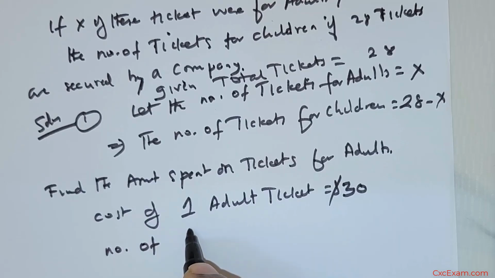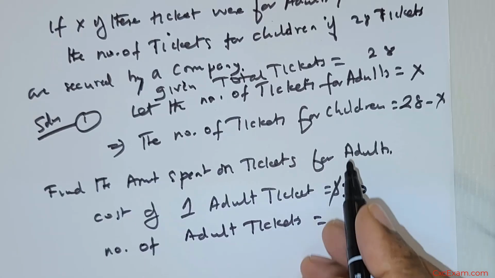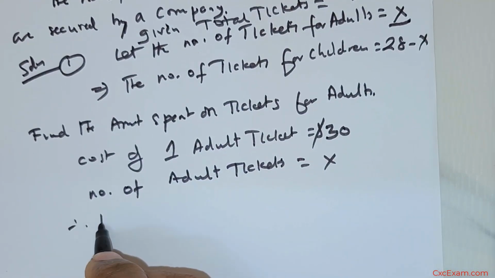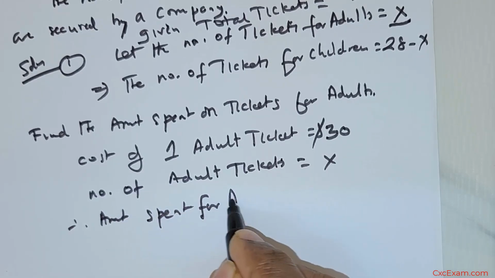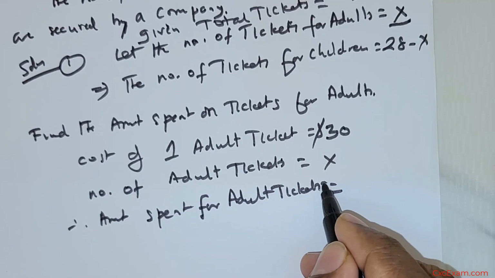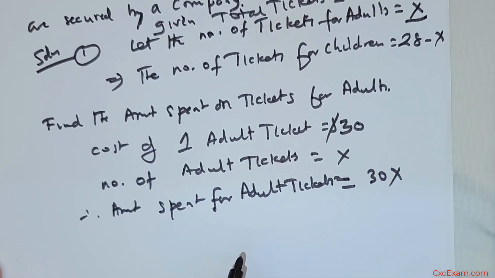So number of adult ticket is what? What they have given you? X. Therefore, amount spent for adult tickets is equal to what? 30 times x. Okay, so that's the solution.